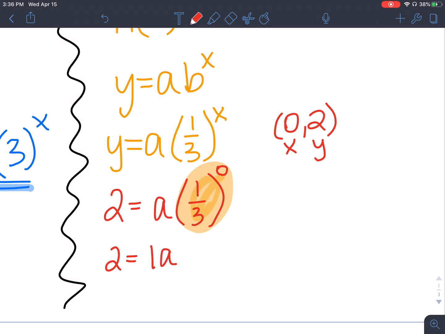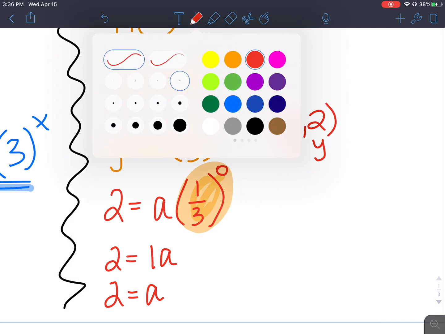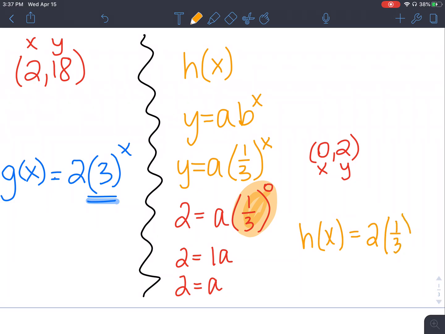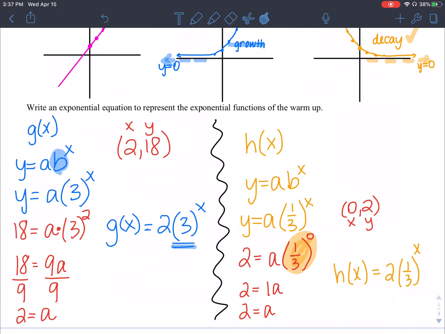So this is just 1a. If you divide both sides by 1, you just get a equals 2. And now we'll put it all together. h of x equals 2 times 1/3 to the x. And there you go.